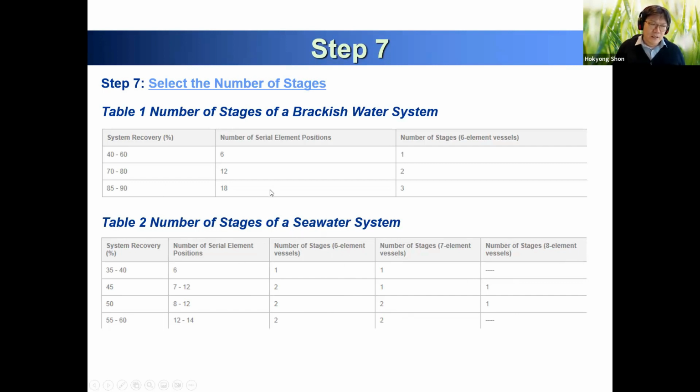tables. So it's like an experience. You will know why we select this one. At this moment, you are based on the previous table information, but when you have several experiences from your water quality and the membrane process, then you will get much more idea how you can decide your staging.